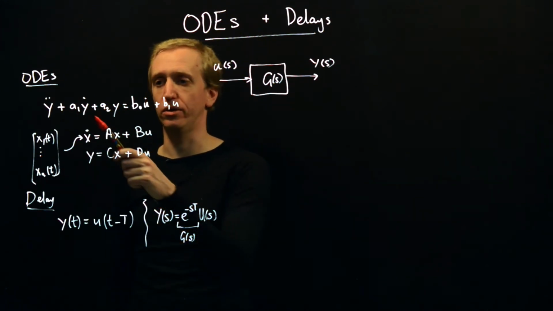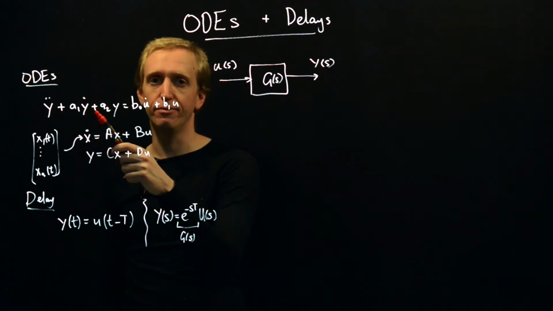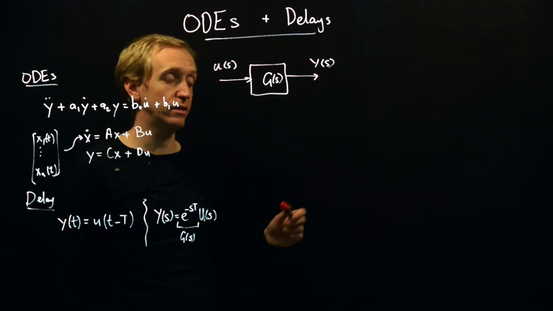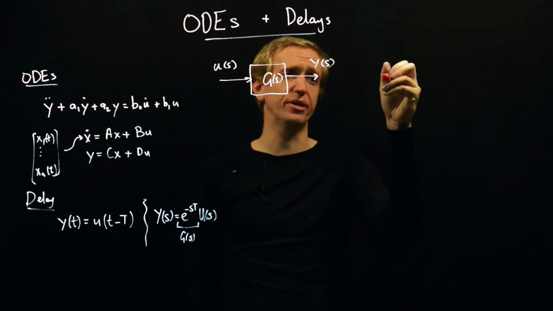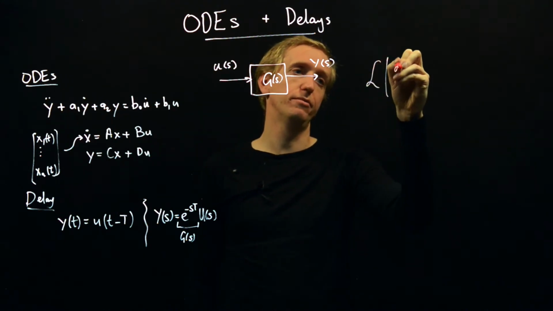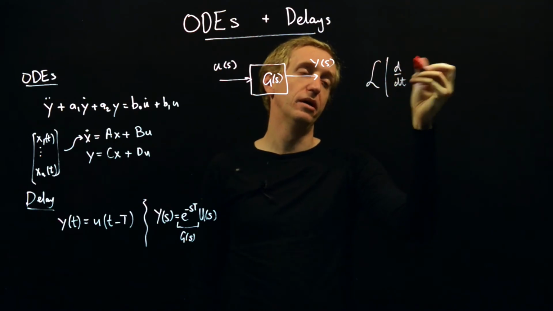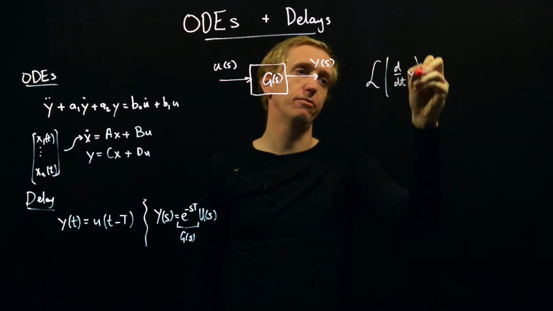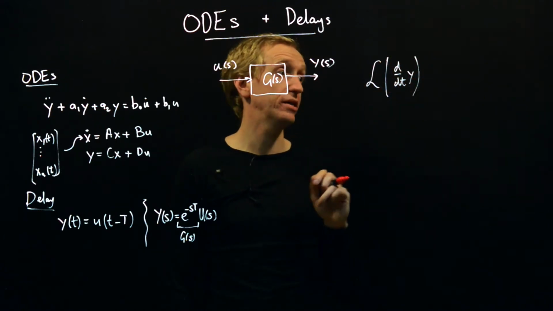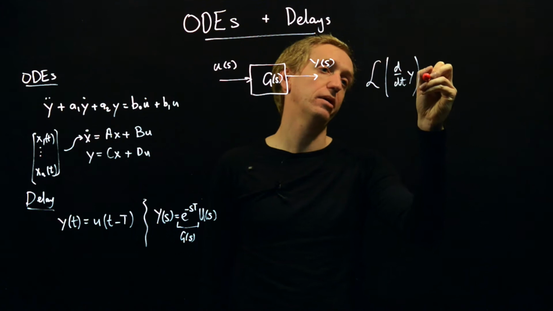So we're really going to look at the Laplace transform of d by dt of some variable and try and see what that looks like. Let's just go for y, and let's try and relate this to the Laplace transform of y. So what's the definition of this thing?